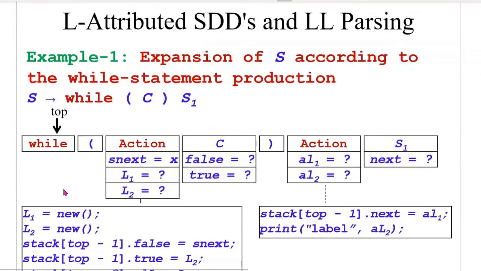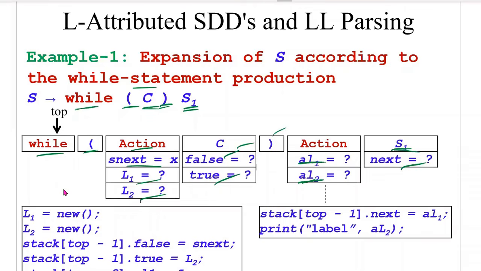Okay, now let us see the expansion of S according to the while statement production with all actions. First while is on the top, then left parenthesis on the stack. Next the action defining S next equal to X, then L1 label 1, label 2 initially empty, then condition C with false value and true value, then closed parenthesis, then the action for AL1, then AL2 labels, then at last S1 and its next.